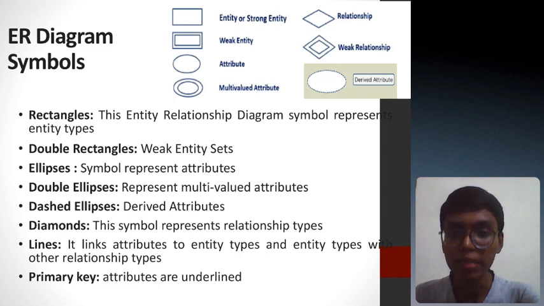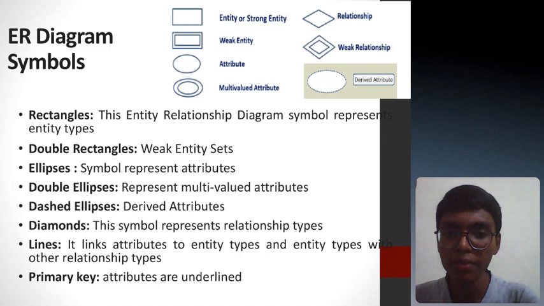The ellipse symbol represents attributes. The double ellipse is for multivalued attributes. The dashed ellipse is for derived attributes. And the diamond represents a relationship type. And lines are drawn to link attributes to entity types, and entity types to relationship types.